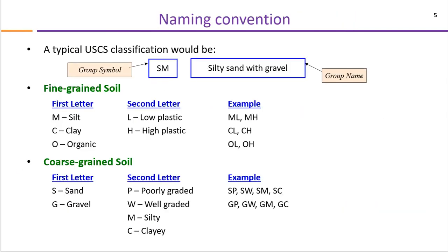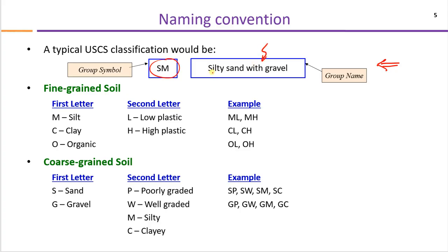Now, the typical classification convention is shown on this slide. Here is one example of classification. This one is the group symbol SM. It means it's a sand, but it contains silt. Sand with silt, or I can say silty sand. But if you want to see the description, this is the complete description.